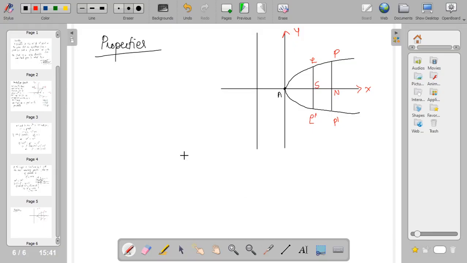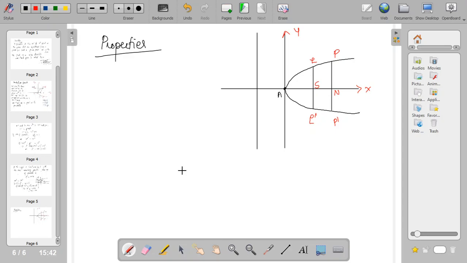So in today's class we will look at the properties of parabola. In last class we have derived the standard equation of parabola, one with vertex at the origin and one with vertex at point x equal to a.